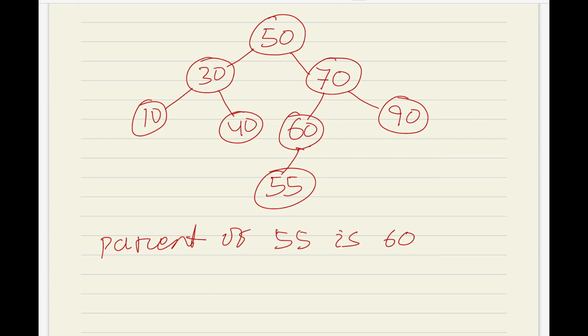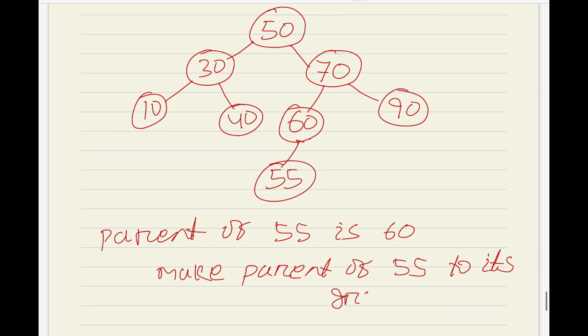So for that, make the parent of 55 its grandparent. Consider a real life scenario: if someone's parent passed away due to some reason, then the grandparent is going to take care of the children.